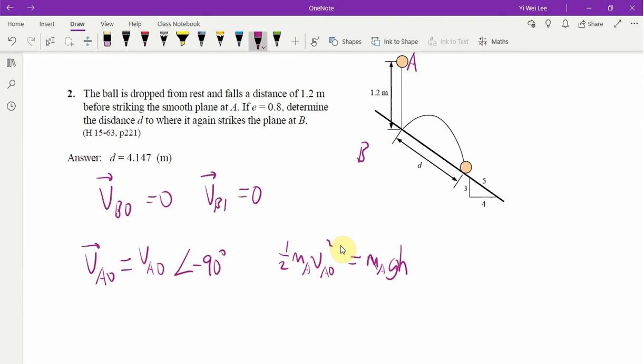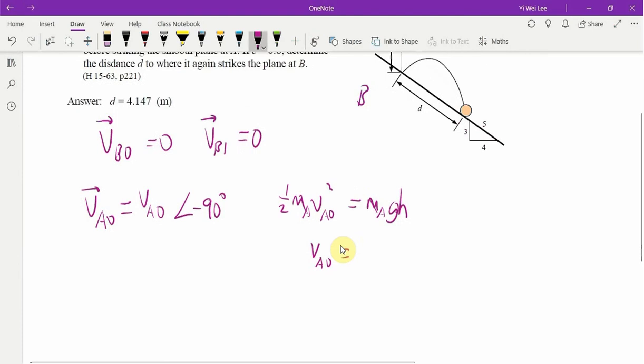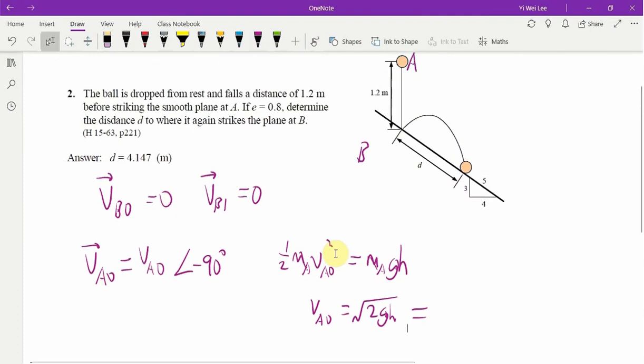So we can cancel m_A here, and we can find the velocity prior to collision is equal to the square root of 2gh. If you use a calculator, that is the square root of 2 times 9.81 times the height, which is 1.2. We square root it, we get 4.852.